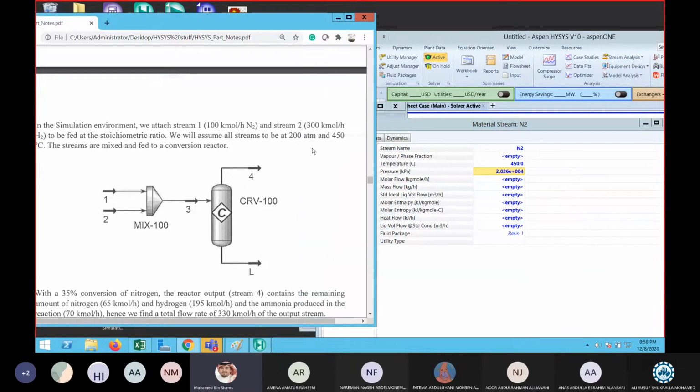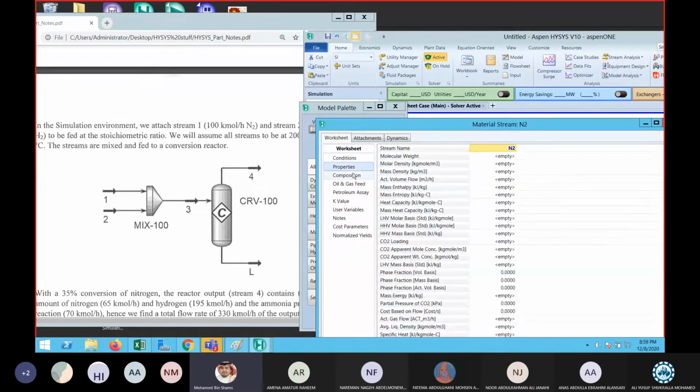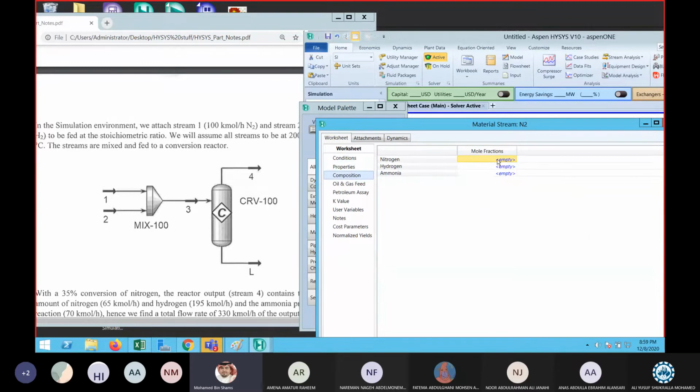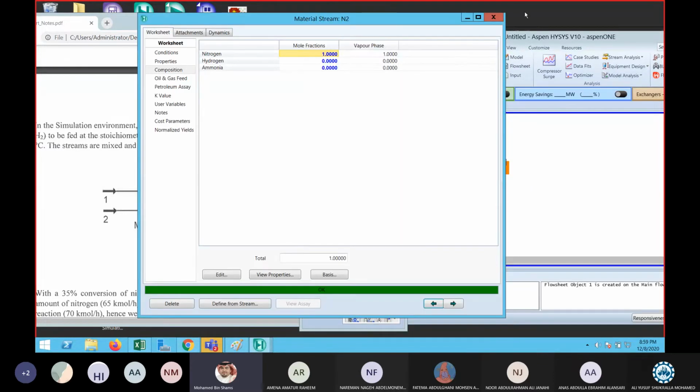It's very high pressure. And the flow he told us is 100 kilomole, so that's 100 kilogram mole per hour. And of course, the composition here is pure nitrogen. So I put 1, normalized, 0, so the stream converges.